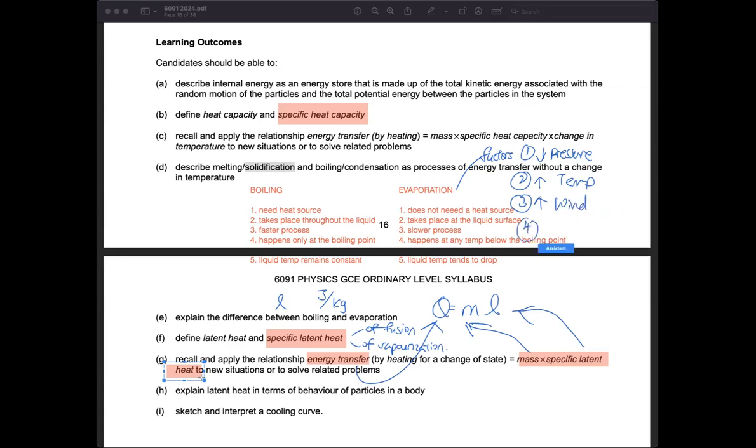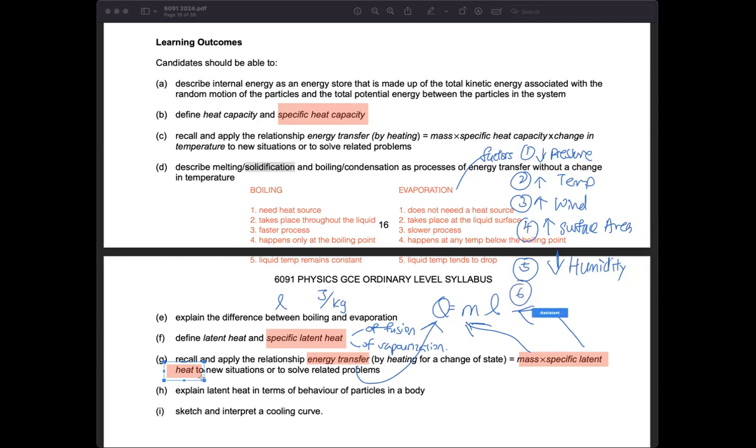Number four, you also learn in primary school, higher surface area, higher evaporation. Next, we also talk about humidity of the air. The lower the humidity of the air, meaning less water in the air, the higher the evaporation as well.